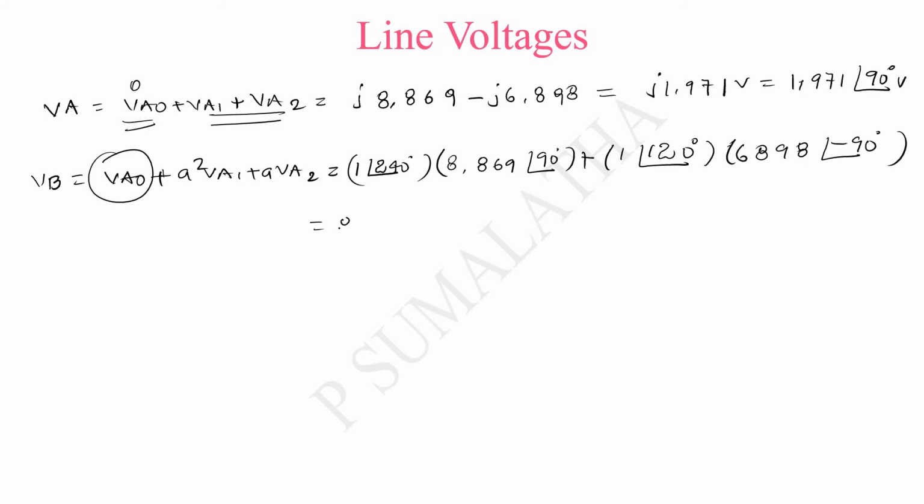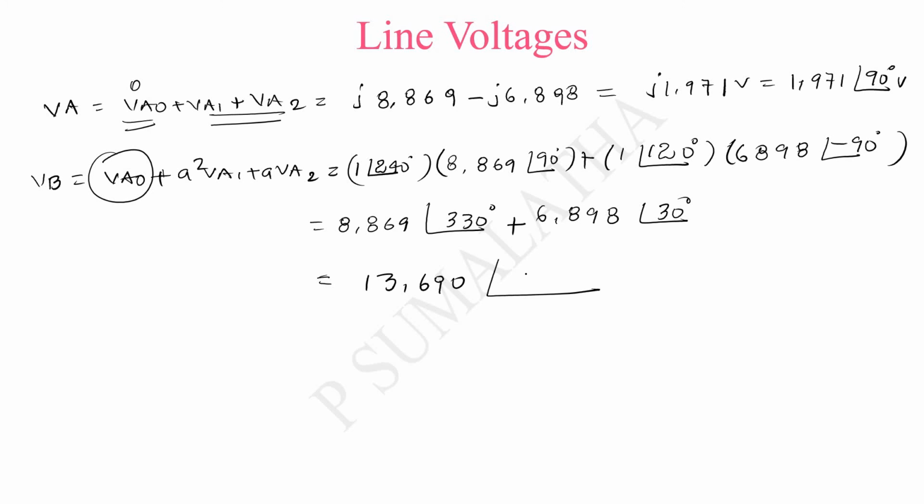That will be equal to 8869 at an angle 330 degrees plus 6898 at an angle 30 degrees. If you convert this into rectangular form, simplify, and convert back to polar form, we will get 13,690 at an angle minus 4.127 degrees.